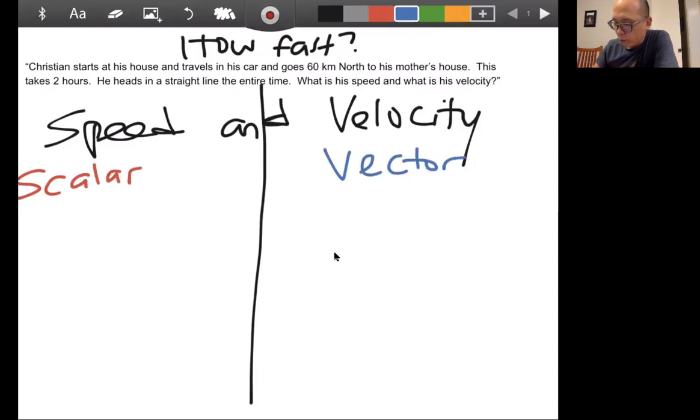All right. Now, if you remember, scalar has no thought about direction. So if you walk forward 1 meter, you walk backwards 2 meters, scalar would just say, all right, you went 1 and then you went 2. Well, that means you walk 3. There's no sense of going back the other way is negative and going forward is positive. Vector, on the other hand, has a sense of direction, all right?